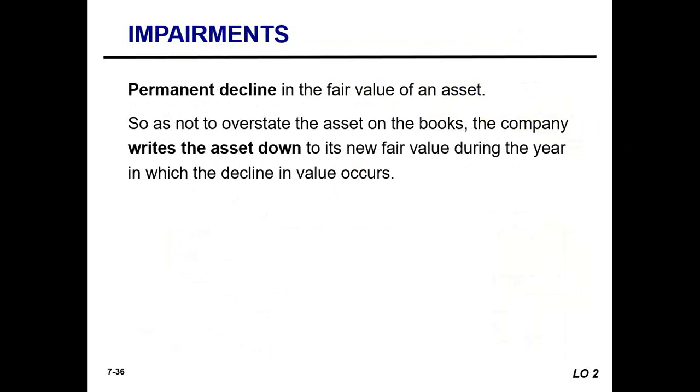So we don't want to overstate. We need to write down that asset to its fair value during the year in which the decline occurs. We can't take it in the year when we have a large profit and we need a write-off. Or we can't take it in a year where we've already got a loss and it's not going to matter. It's supposed to happen in the year in which the decline happens.